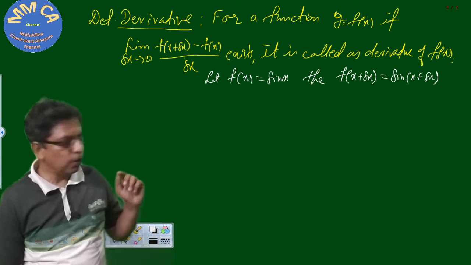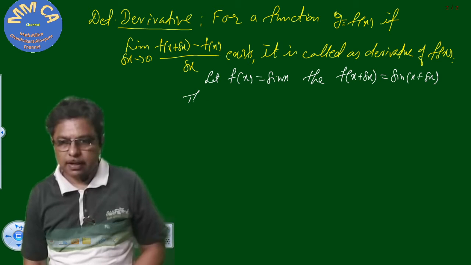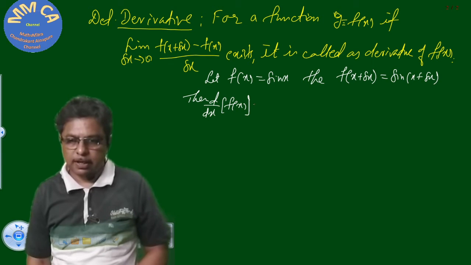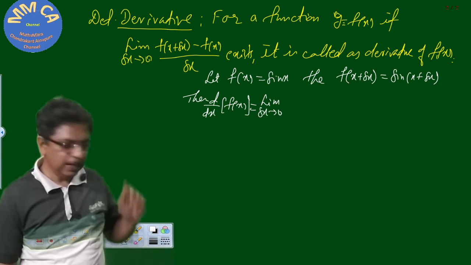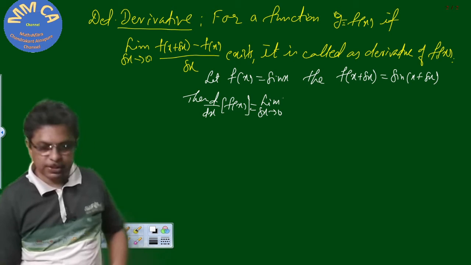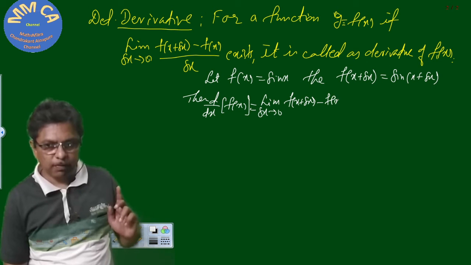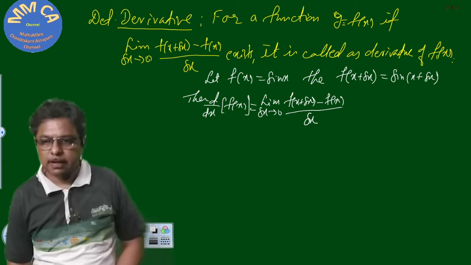The notation used for this is d by dx of f of x. Then d by dx of f of x, the derivative of f of x, is limit delta x tends to 0. I will write the definition once again. See, that definition is there: f of x plus delta x minus f of x, divided by delta x.